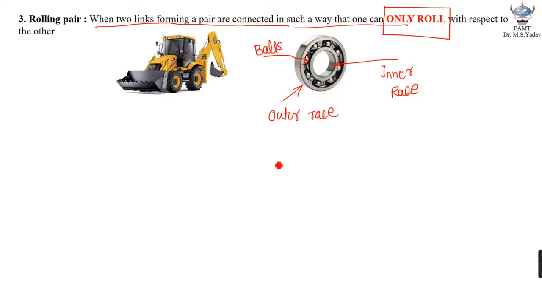So this becomes the best example of a rolling pair. Another practical example is a wheel which is rolling onto the road surface. These wheels tend to only roll over the road surface. So this becomes another example of a rolling pair.